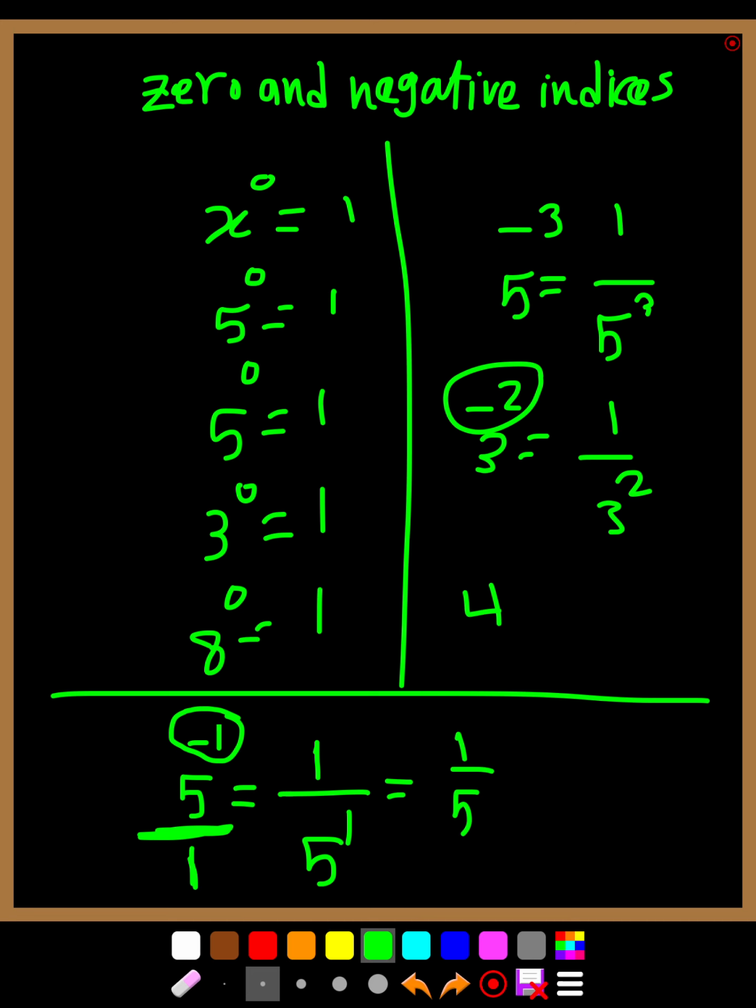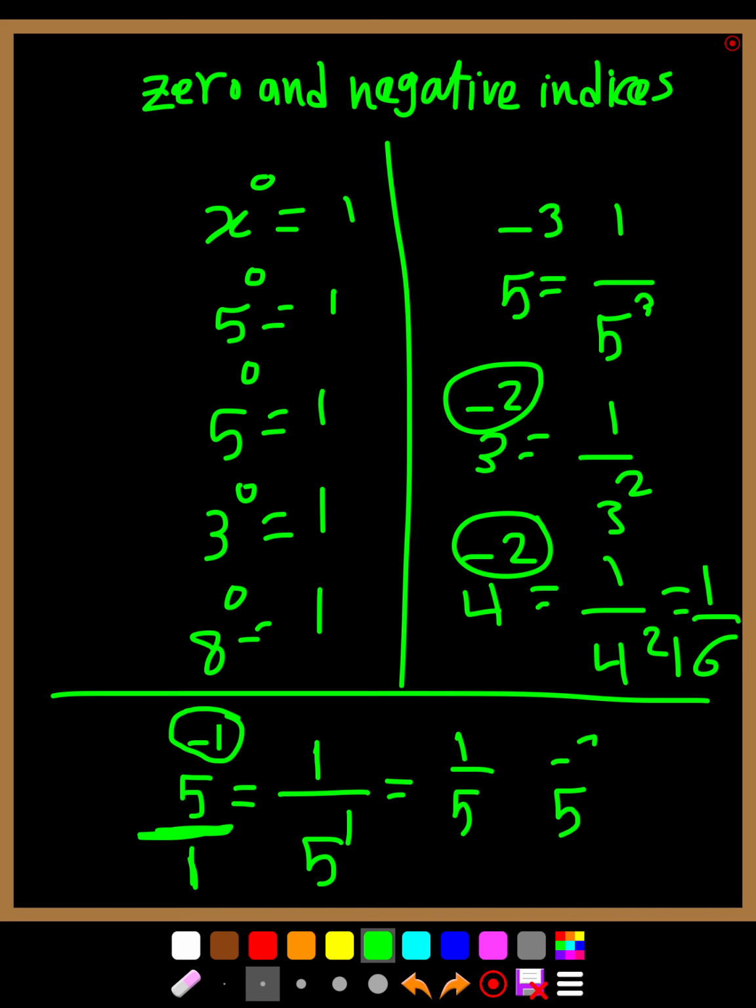So on. 4 raised to minus 2 will be 1 over 4, and change the sign of the power to be 2. Okay, if you are going to simplify it, it is 1 over 16. So if the power is negative, guys, get the power positive. 5 raised to minus 2 becomes 1 over 5 squared, and the positive of this one is 25. So let's put 1 and here 25. Okay, I hope it's clear now.